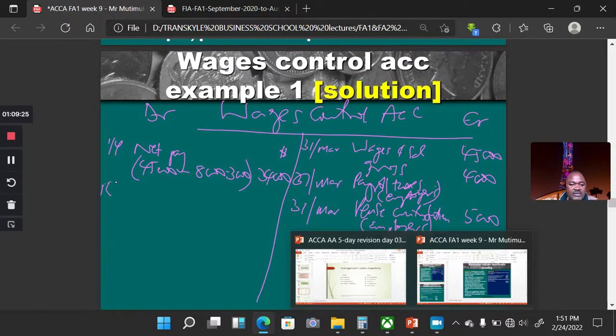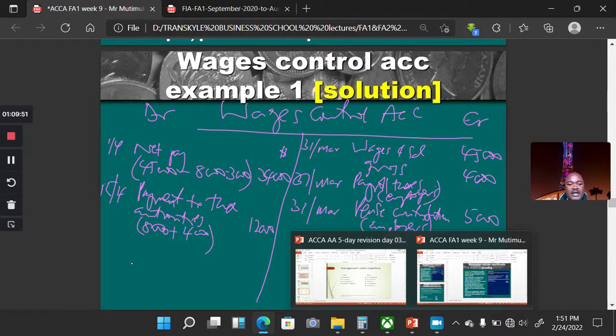On the 15th of April, we made payment to tax authorities. How much were they? 8,000 plus 4,000, that's 12,000.